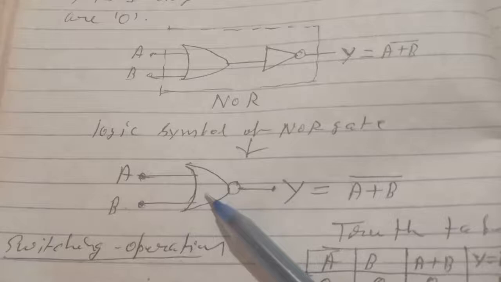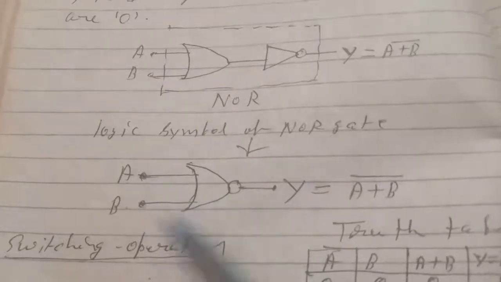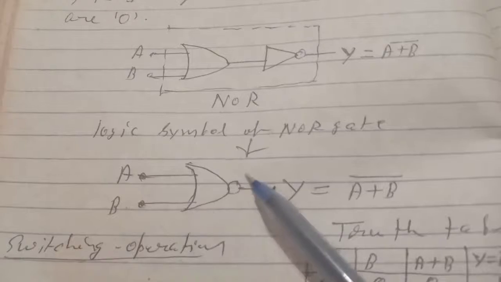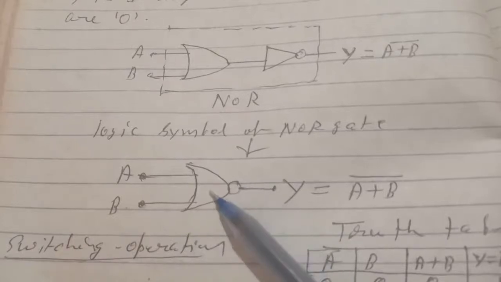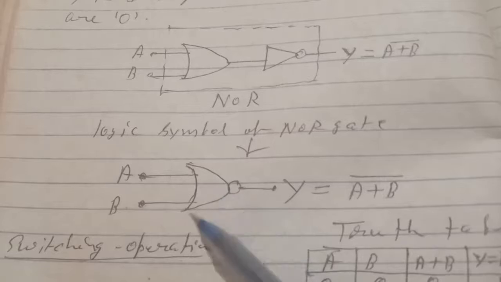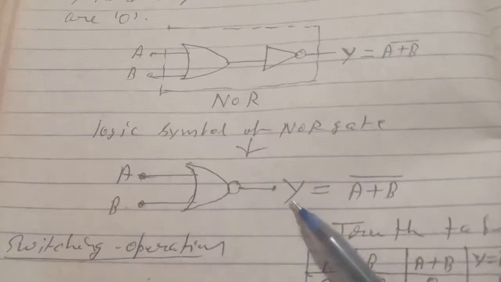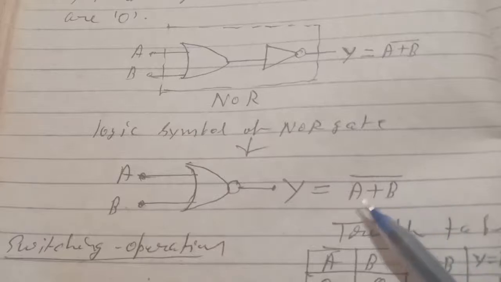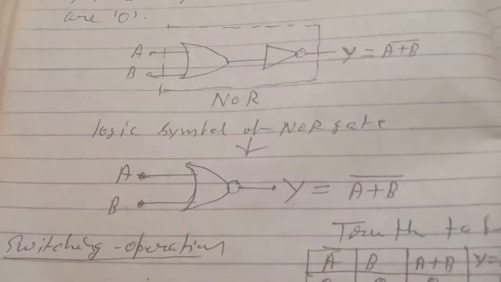Here input is A and B, and if we remove this circle, then it represents OR gate. When we put this circle, then this is the symbol for NOR gate, and the final output will be Y equals to A plus B bar, that is opposite of A plus B, the inverse of A plus B.